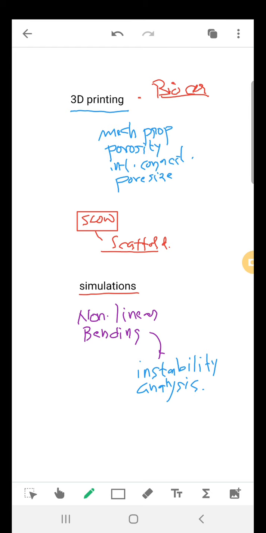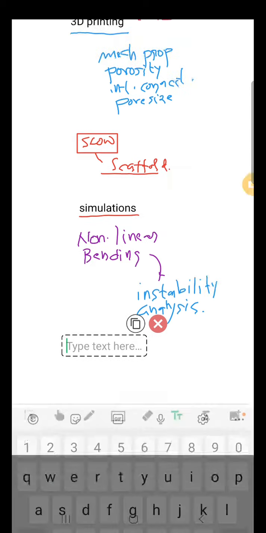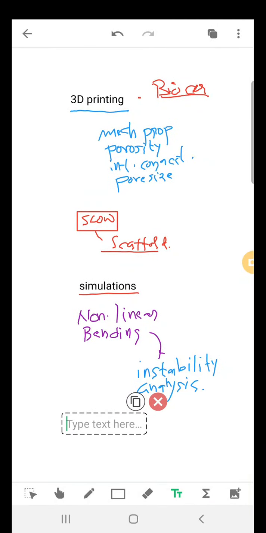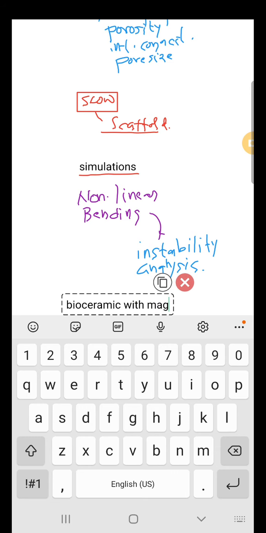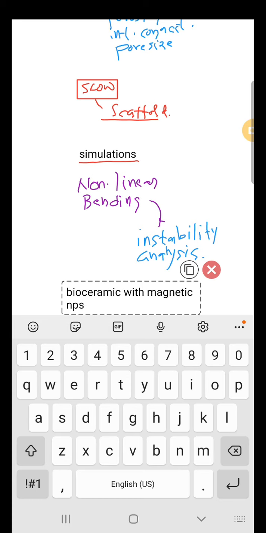And it is mainly useful when you are making a bioceramic with magnetic particle fillers, like magnetite, for example.